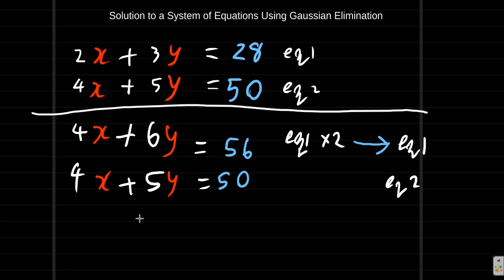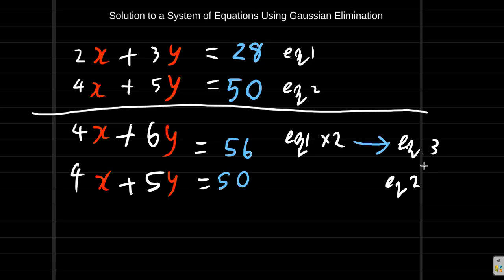Now notice what happened. We can subtract the equations and eliminate x. Now here I had this, renamed it equation 1, it's still equation 2. But I'm thinking you might be more comfortable calling it equation 3 if you have practiced a lot. But that's not really what we're going to be doing in the Gaussian elimination.